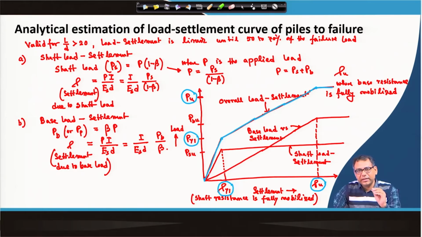The settlement of the pile material will occur due to the load which is going to the tip, because the load which is going to the friction part will not influence the settlement of the pile material, because that is going to the friction part.